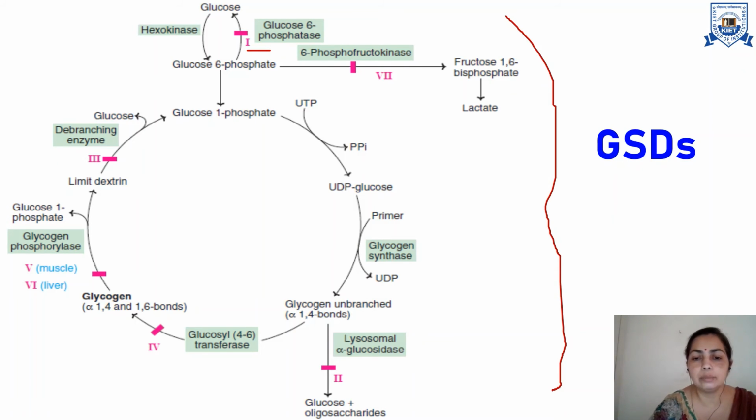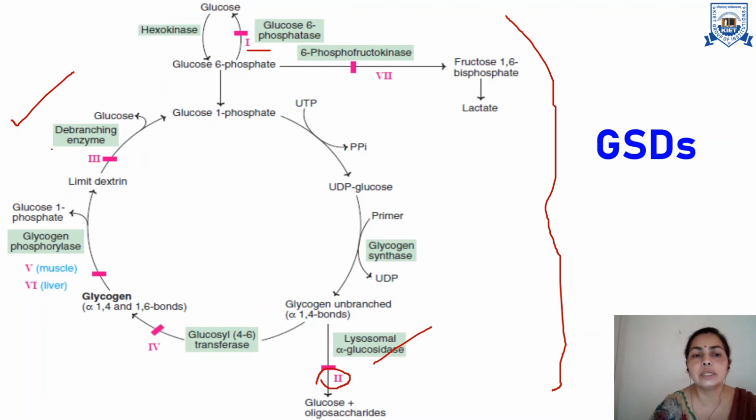Then type 2 is where unbranched glycogen is converted into glucose plus the polysaccharide unit in the presence of lysosomal alpha glucosidase enzyme. In the absence of this enzyme, GSD type 2 is observed. Then type 3, where the limit dextrin is converted into glucose 1-phosphate, the last step of glycogen metabolism.